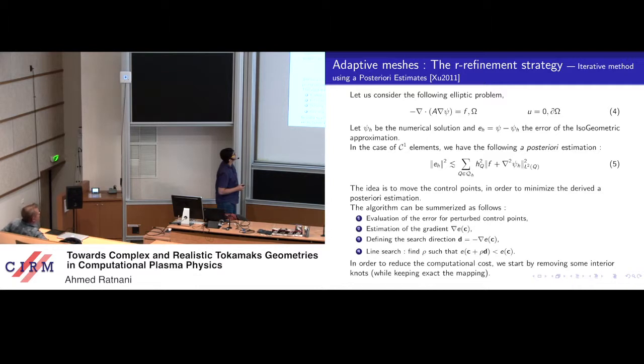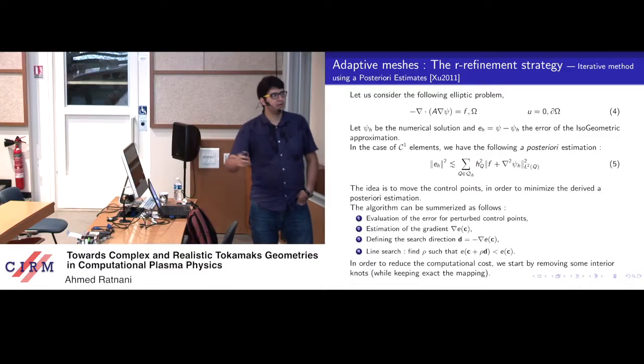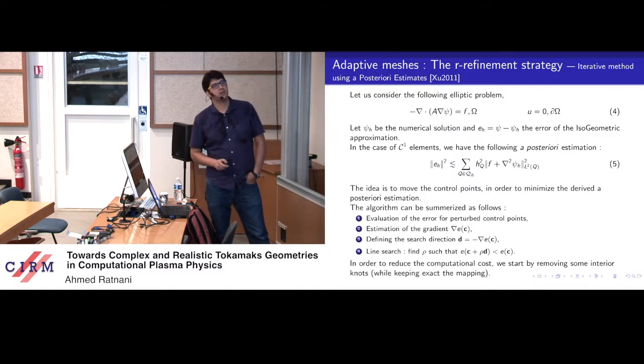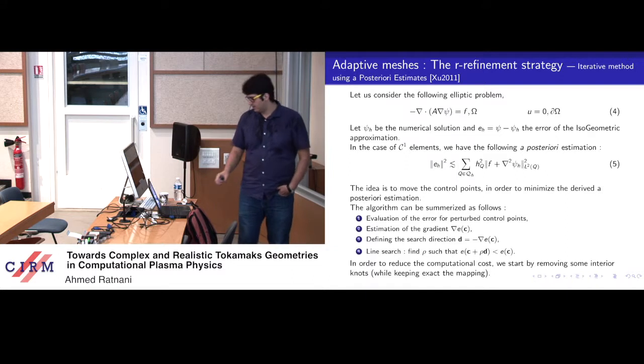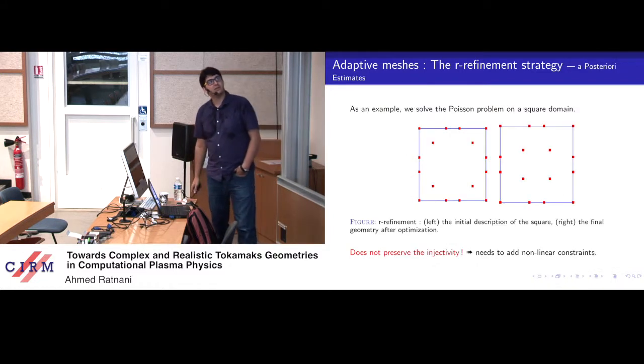So the idea is to move the control points in order to minimize this quantity. So this is based on an optimization problem by searching for the good gradient and then finding the good path that minimizes the error. The problem is that it takes a lot of time to do. The cost is very expensive, and there is no reason to preserve the injectivity.